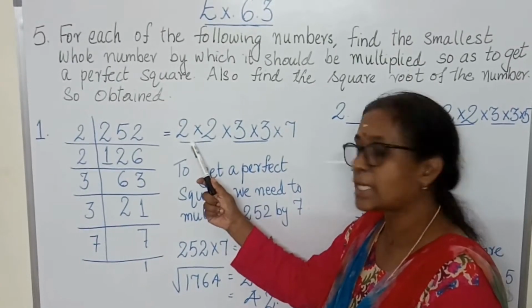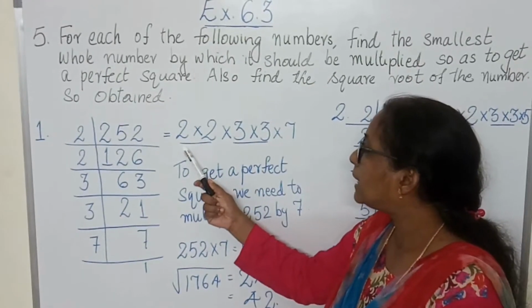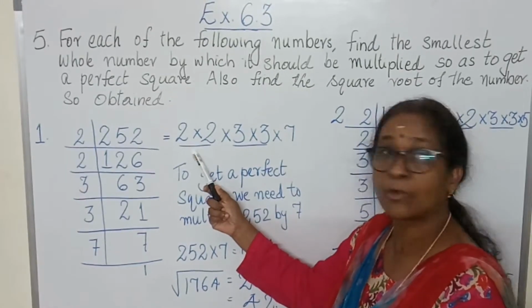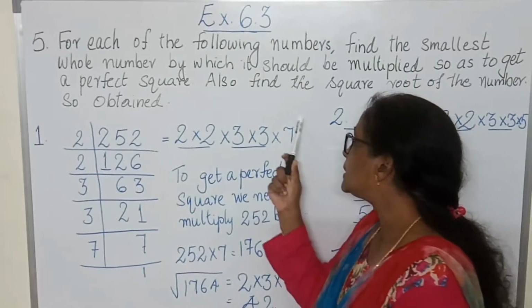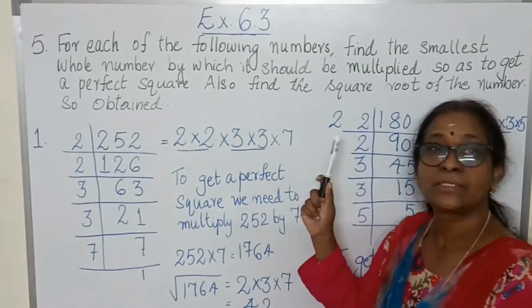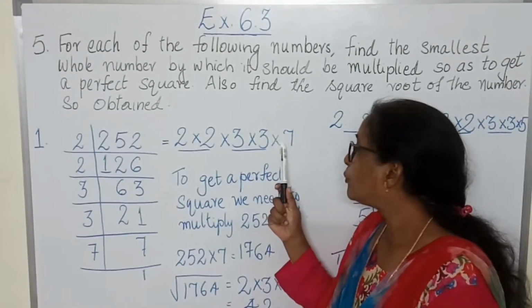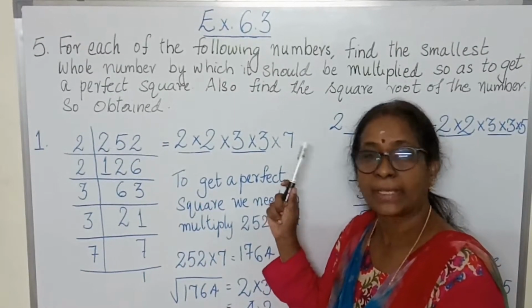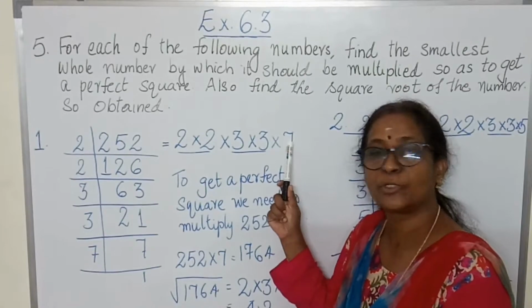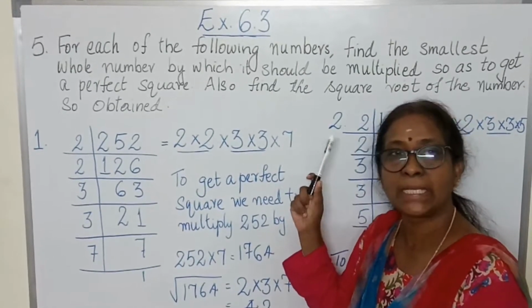Identical factors are made into pairs. So see here, you got one pair of 2, here another pair of 3. But this 7 is a single factor. So to make it a perfect square, this should be a pair. So to make it a pair, what we have to do? Multiply this number by 7.